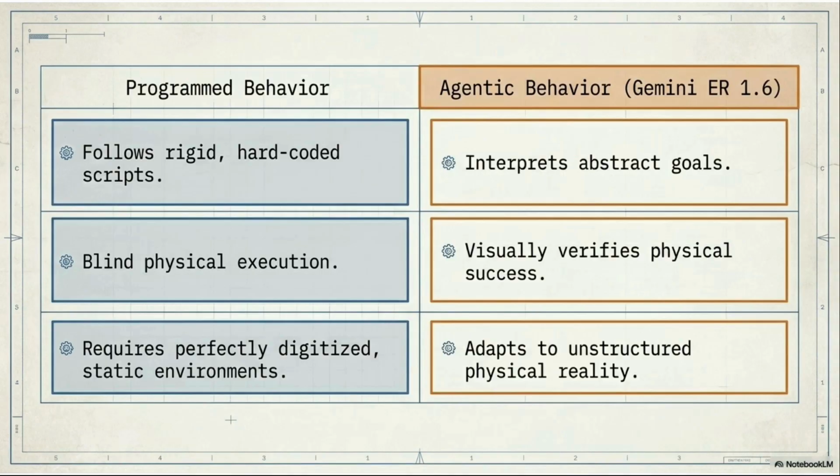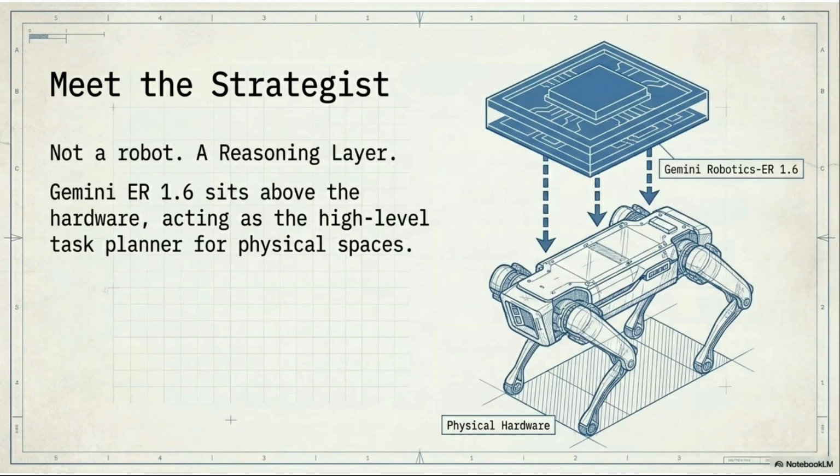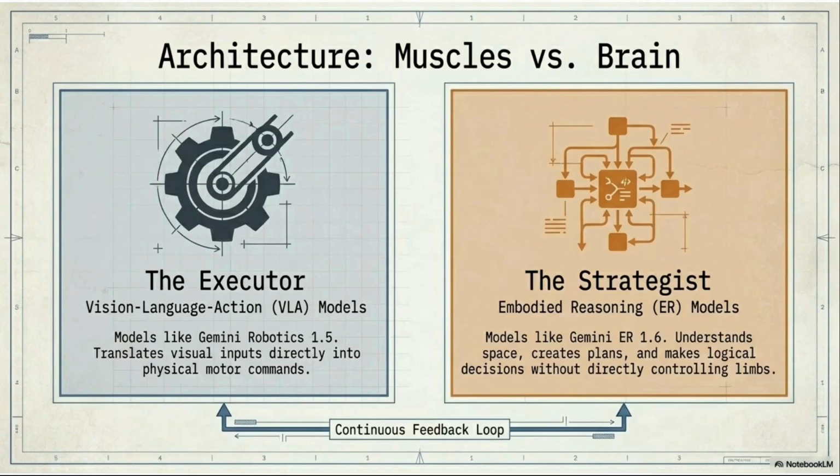But here we make a robot think and see the world in real time. Gemini ER 1.6 is going to sit in the physical hardware. This model is going to make a very big impact in the robotic community.